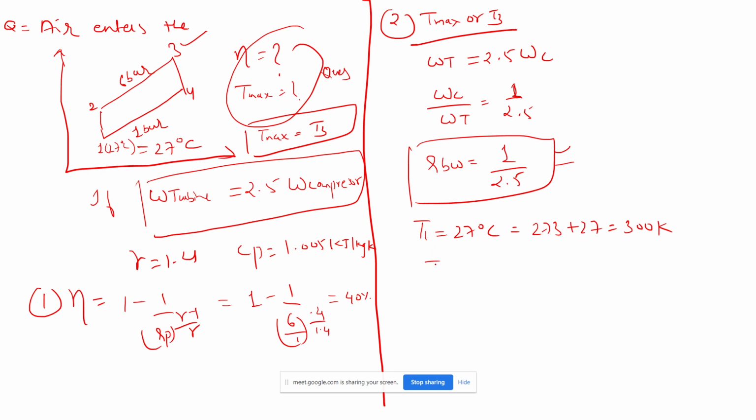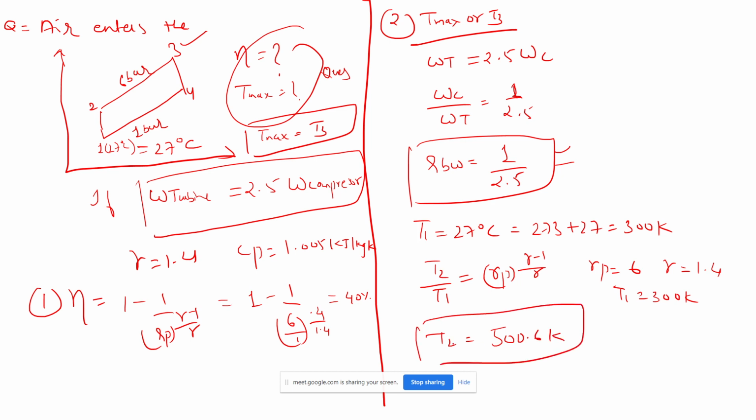From this identity we can directly calculate T2, because the pressure ratio is given as 6. Gamma is mentioned as 1.4, T1 is 300 Kelvin. By putting all these values in this formula we get T2. What is the value of T2 you have got? 500.5 Kelvin.